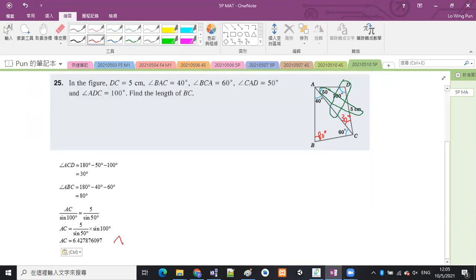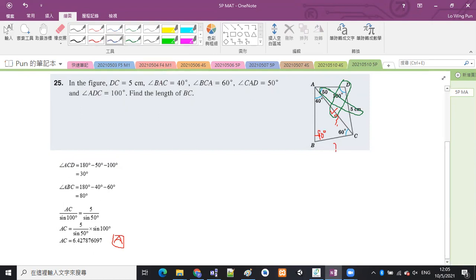So this is memory A, and then we will go back to our target triangle, triangle ABC. In triangle ABC, now we have this length AC, and I want to find BC. Which formula should I use? Sine again, because we have AC and the corresponding 80 degrees.